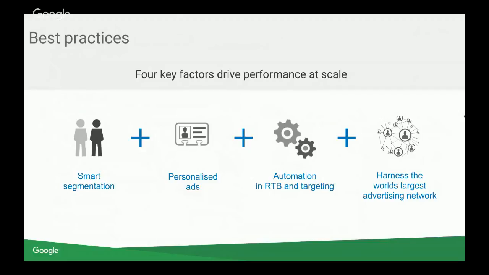Furthermore, as we mentioned, you can use these creative responsive ads, and you can personalize your ads based on the product that has been visited, or also the top performing product, etc. Behind all of this, it's automated real-time bidding and targeting in our algorithm, which allows you to show your custom-made ads to the right people from your remarketing list. And furthermore, you can enjoy the reach of the world's largest advertising network. As we said before, this is the Google Display Network.